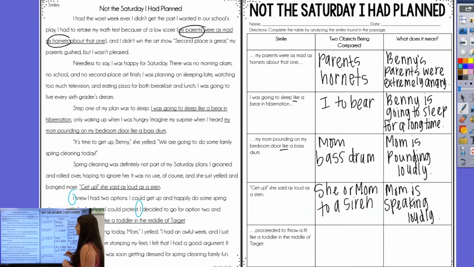Very good. So we're comparing Benny to a toddler. You could add a toddler in Target. That's fine too. And it means that he threw a fit like a little baby.